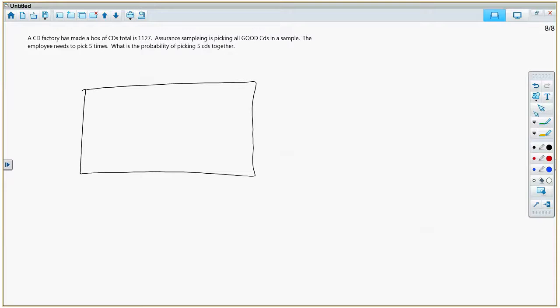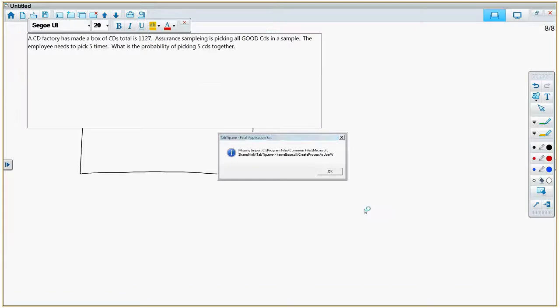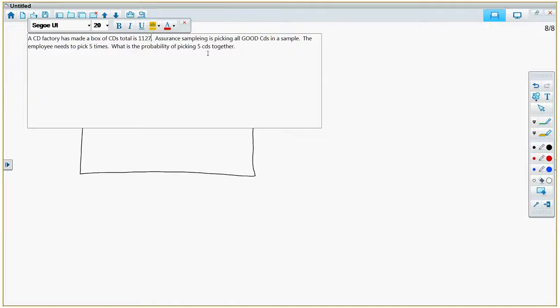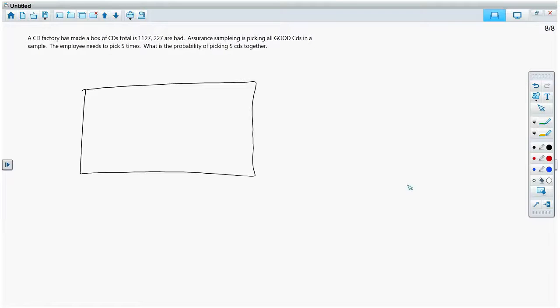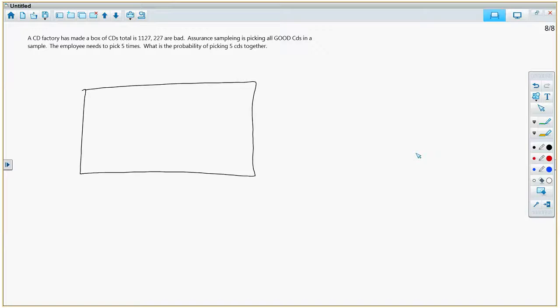Today is just not my day for working on the computer. Comma, 227 are bad. A lot of people say, well, how do they know that? Well, because quality assurance, what is their job? Yeah, to see what's going to mess up and why stuff is messing up and why this batch of CDs is bad and all that good stuff.